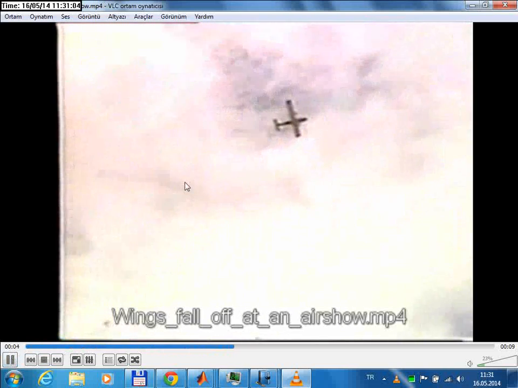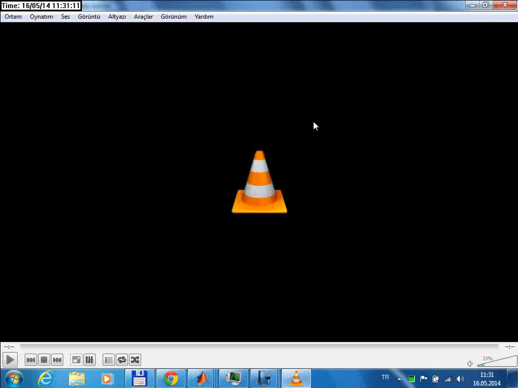So if you watch carefully, you will see that just before the wings break, the nose of the aircraft goes up, right? As the aircraft nose goes up, the angle of attack increases, and that increases lift force dramatically. And I was reading about this accident. If I remember correctly, this was not a high performance aircraft.